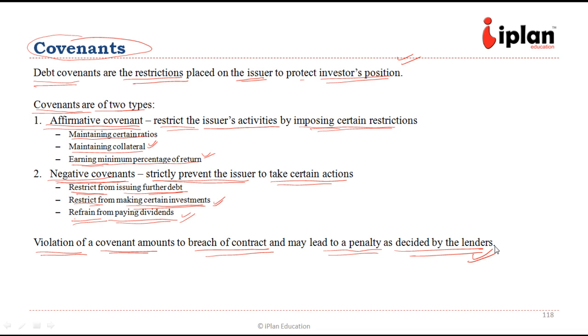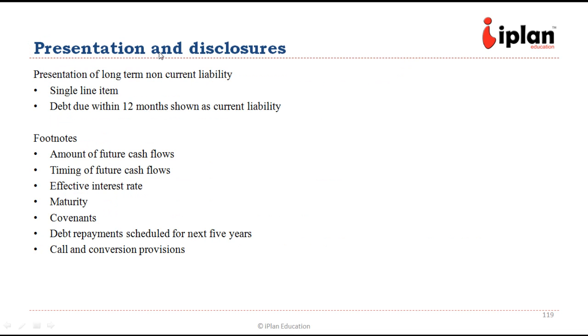Let us look at the next slide. The presentation and disclosures. For a long-term liability, the presentation is made as a single line item in the balance sheet, and if it is debt due within 12 months, it is shown as a current liability. Then it is not qualified as a long-term liability, it becomes a current liability.